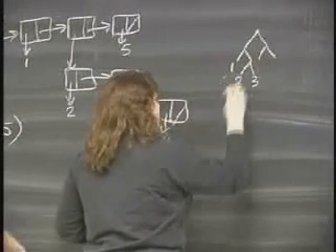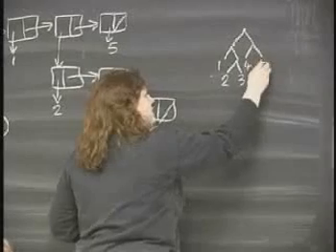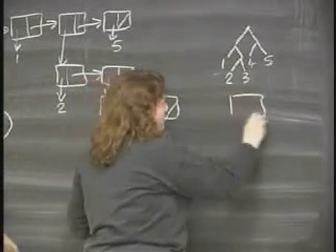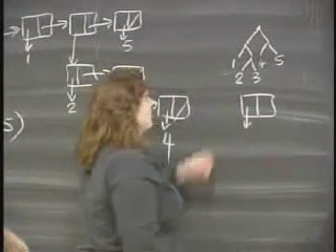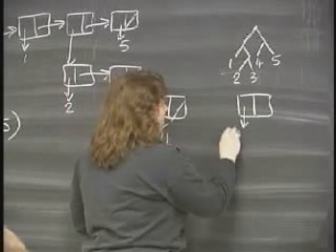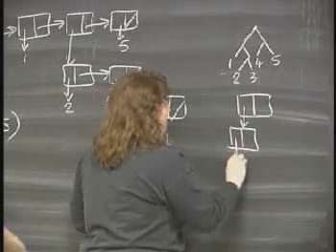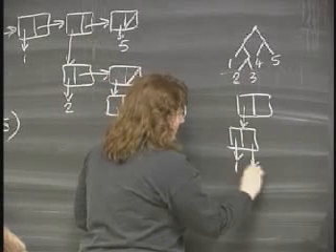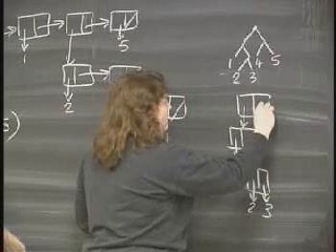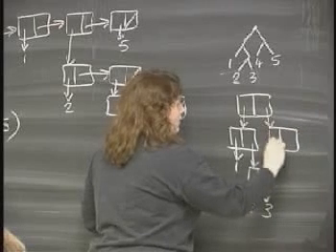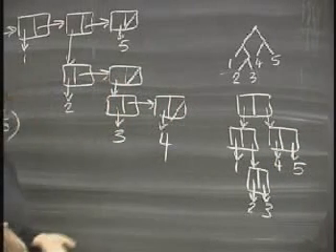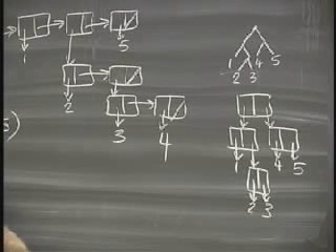Maybe I should put a few less layers in here. Okay, so then we could represent this as cons cells if we wished, where the car points to the left side of the tree and the cdr could point to the right side of the tree. So this would be an alternative representation for trees.